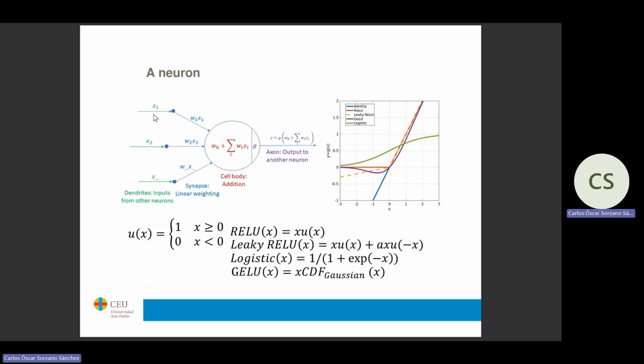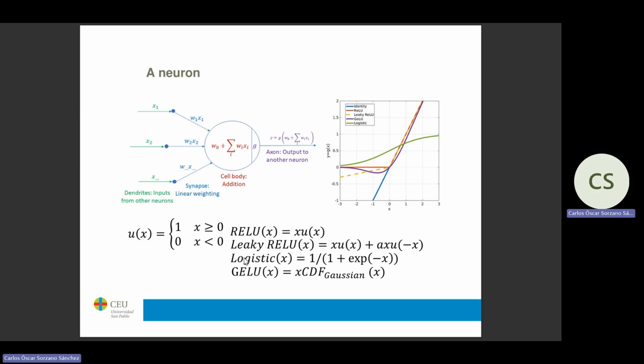This neuron has a number of inputs, then you have the weights, and then you have the bias, and you combine all of that in a linear way, and you go through a nonlinear function that we will call G. This nonlinear function is also called the activation function. So the output is the activation applied to this linear combination.